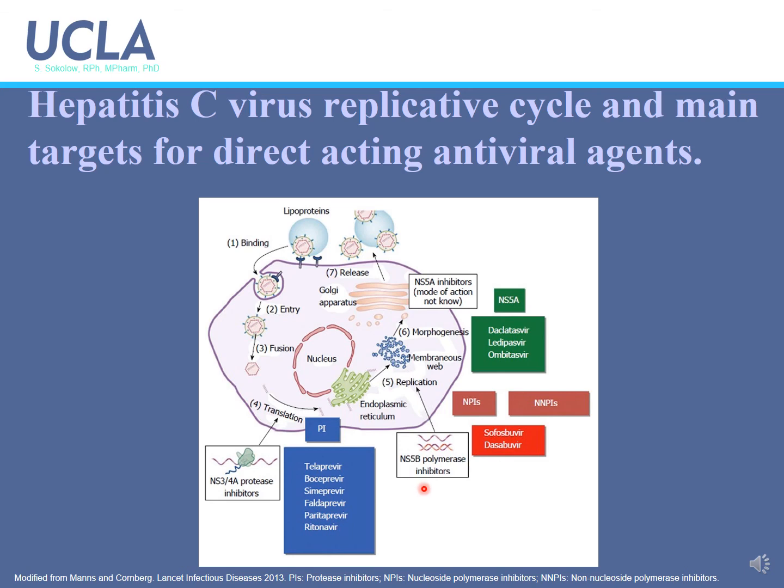These are sofosbuvir and dasabuvir. And then the next step is the morphogenesis, which is mediated by NS5A and blocked by the NS5A inhibitors, such as daclatasvir, ledipasvir, and ombitasvir. And then lastly, you see the budding of the virus.